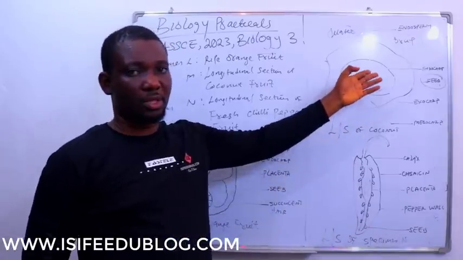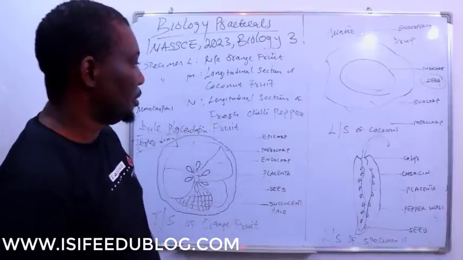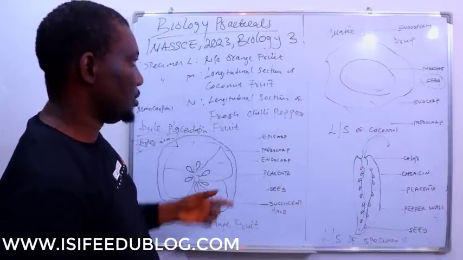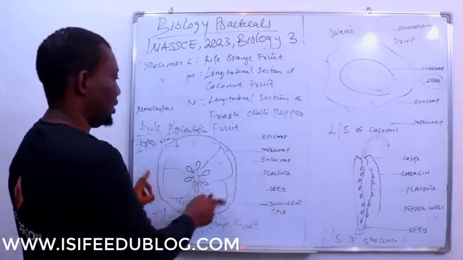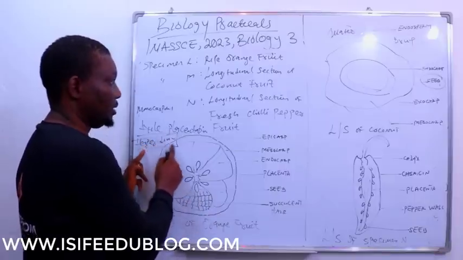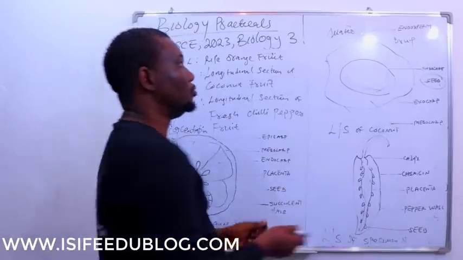True fruits. It just has one seed, which is edible. You don't see any other part edible apart from it, but here all this part is edible. So that's why this one is Hesperidia, and this particular one is a drupe.